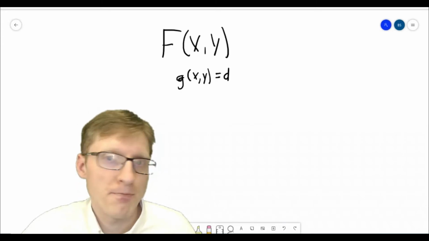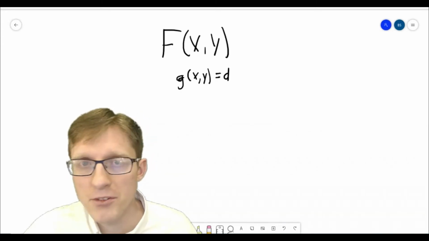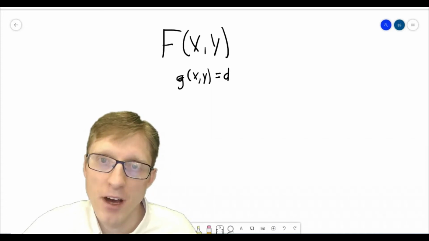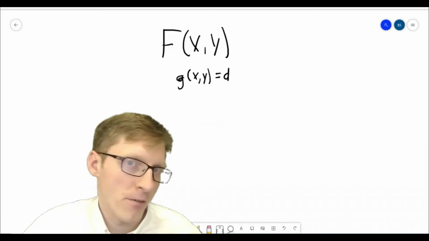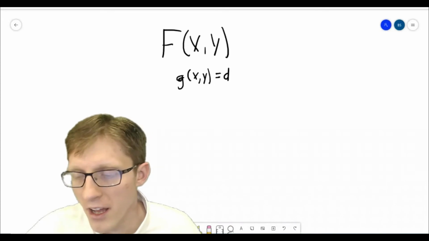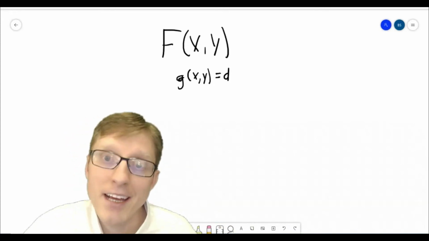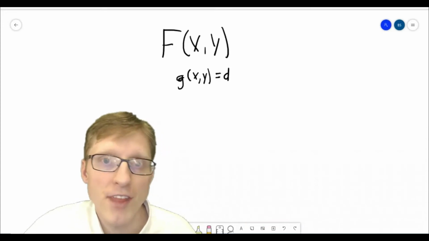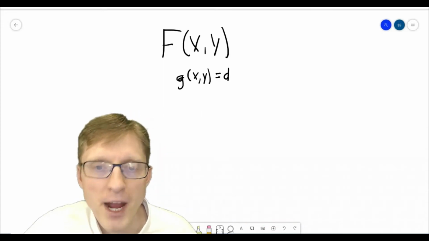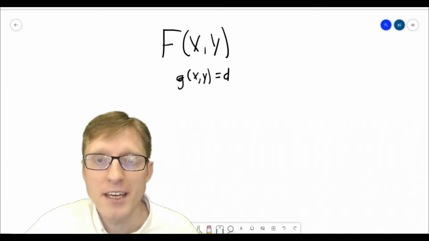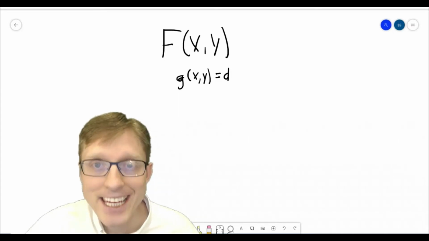So for example, by the more is better assumption, consumers always like more stuff. And so they never want to leave some of their income unspent if there's no future period they're saving it for. In that case, they could spend that remaining income on some more of one of the goods, and that would make them better off. So in practice, often this constraint is an equality rather than an inequality.